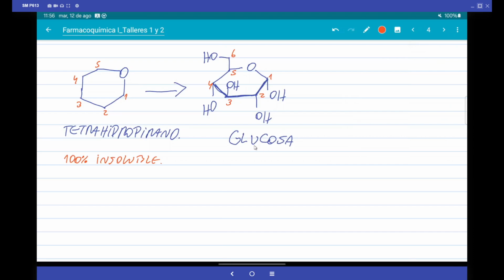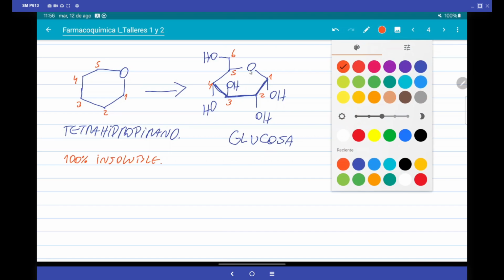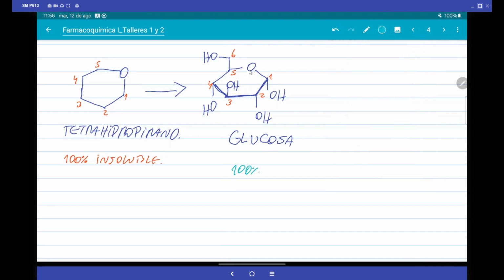And glucose is soluble in water, of course. We all know that this sugar is soluble in water. Even sucrose, which is 2 sugars connected, is soluble in water, which is the one that sweetens the tea. So glucose is 100% soluble in water. Why? Because it has hydroxyls. Suppose that a hydroxyl solubilizes 3 carbons.